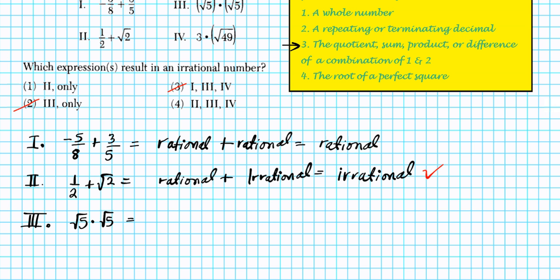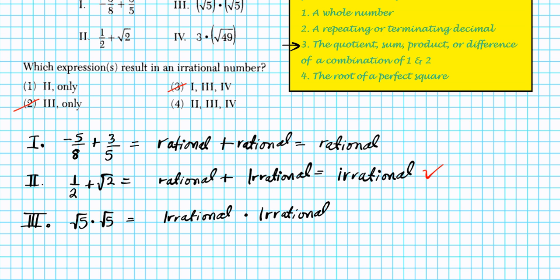Whenever you multiply two irrationals, let's look at root 5. 5 is not a perfect square. If you square all the numbers less than half of 5, you're not going to end up with 5. So 5 is not a perfect square, and when you take the square root of 5, it's an irrational number. So this is irrational times irrational.